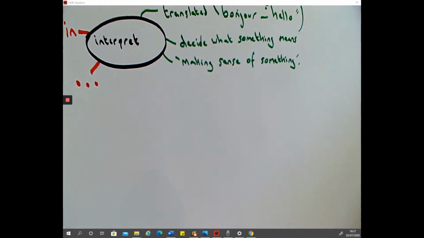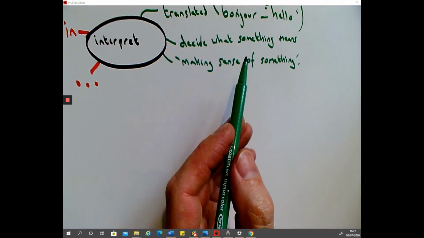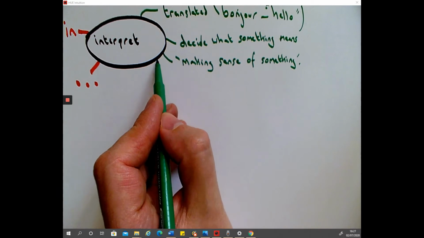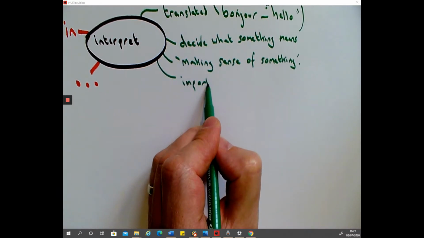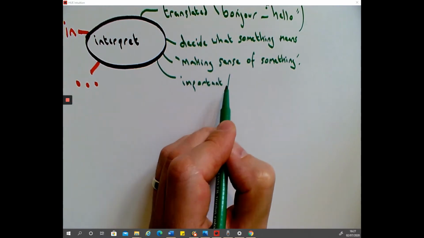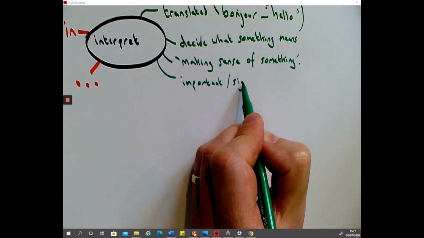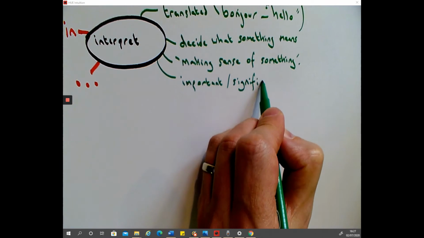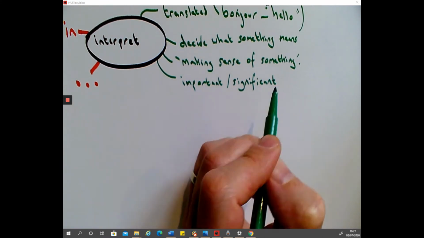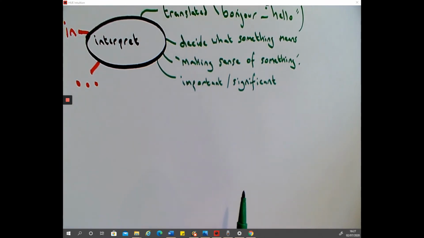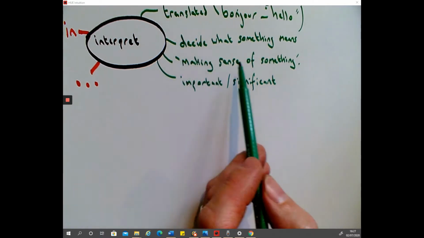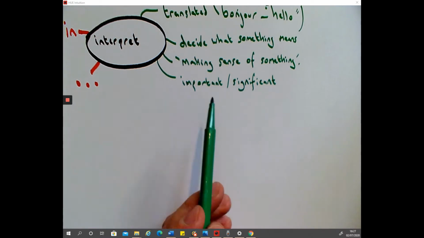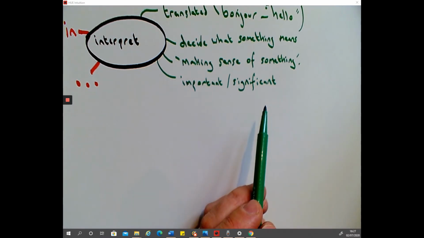And also when you're interpreting something, you're looking at what's important or what's significant about it. So often when we're interpreting, we're trying to decide what something means, to make sense of it and understand what's important, what's significant.